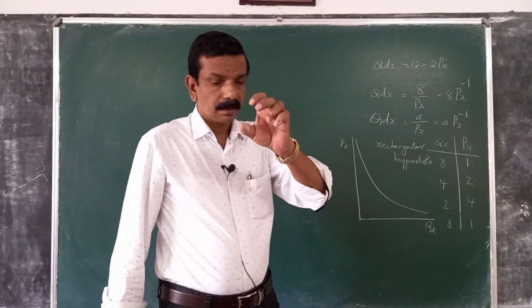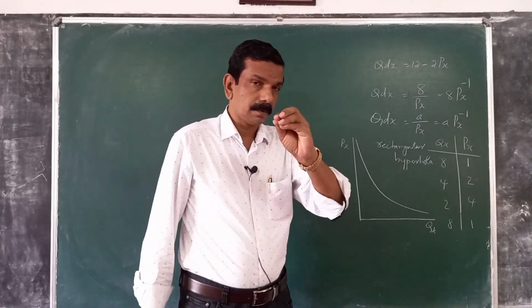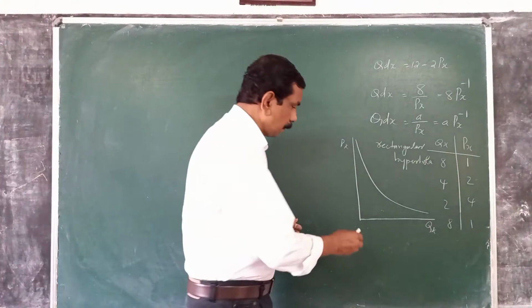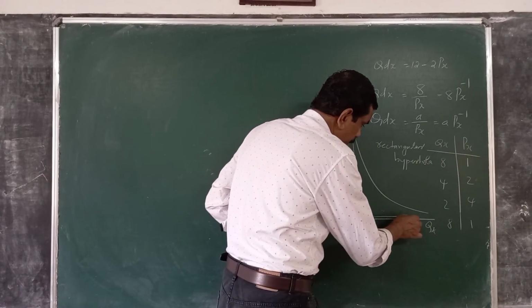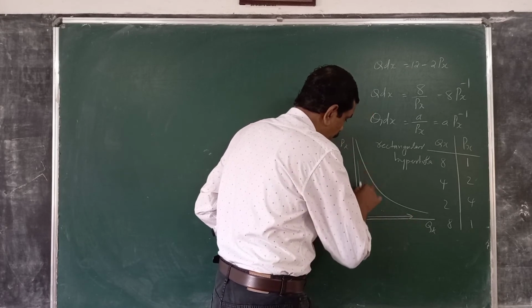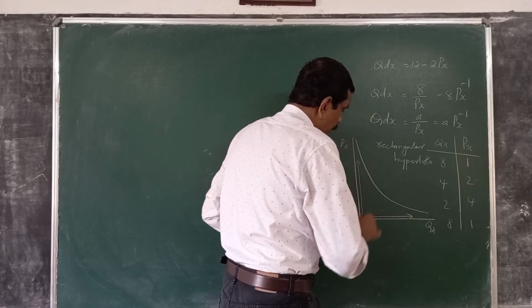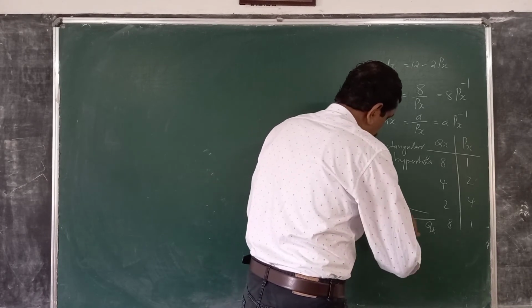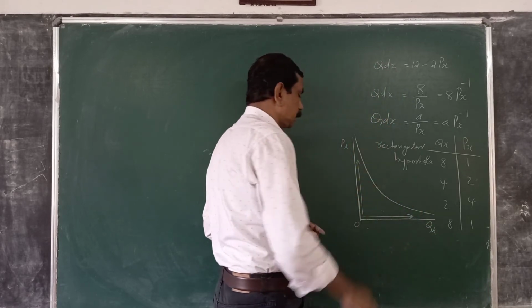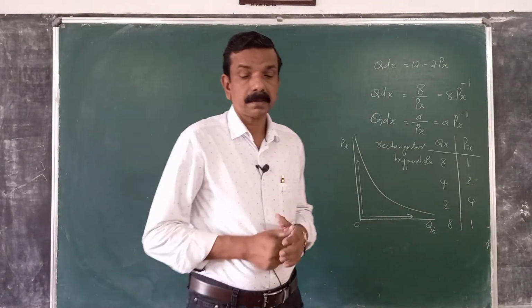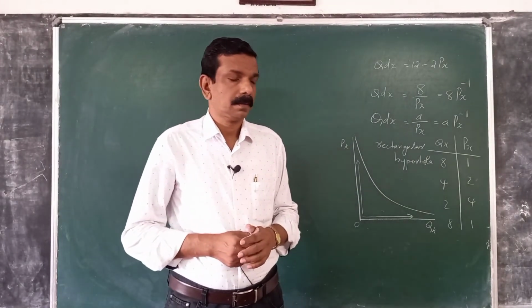So for the time being, remember this one characteristic. As you move away from the origin towards the x-axis or the y-axis, the demand curve approaches the x-axis, approaches the y-axis, but never touches it.